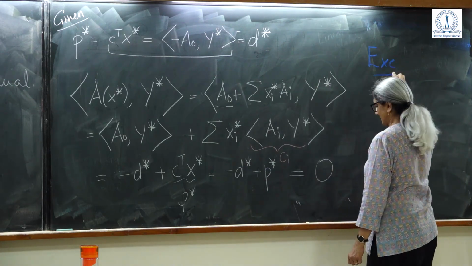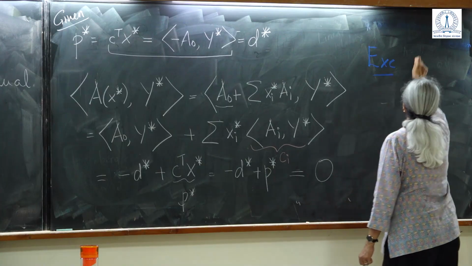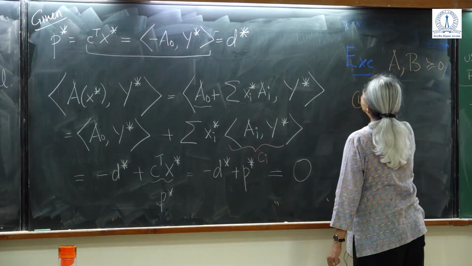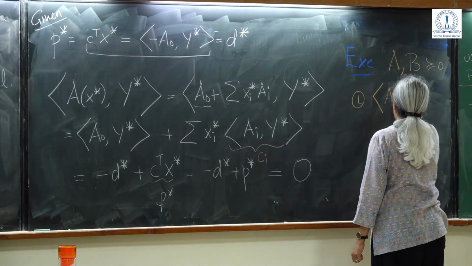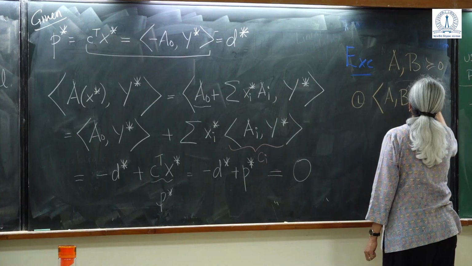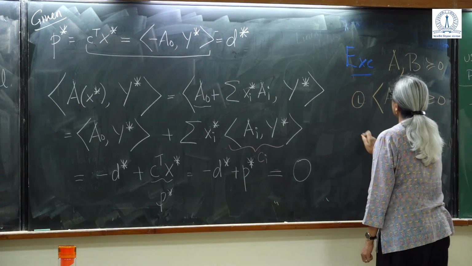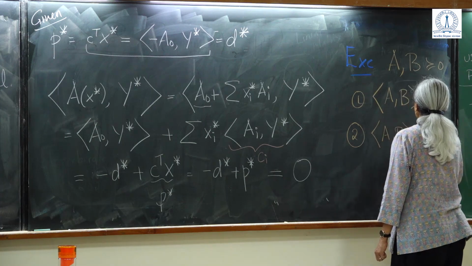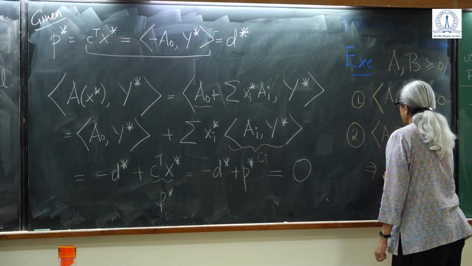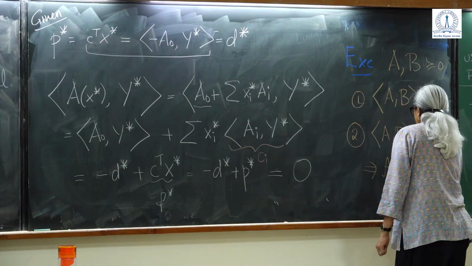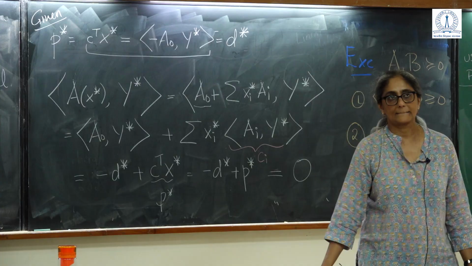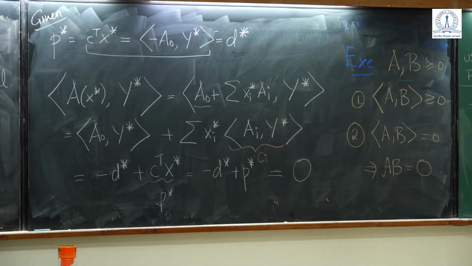If A and B are PSD, the first exercise is that their inner product is non-negative. And the second is that if the inner product is 0, then it implies that the product is 0. So also BA is 0. And it is a one-way implication. The converse need not hold.